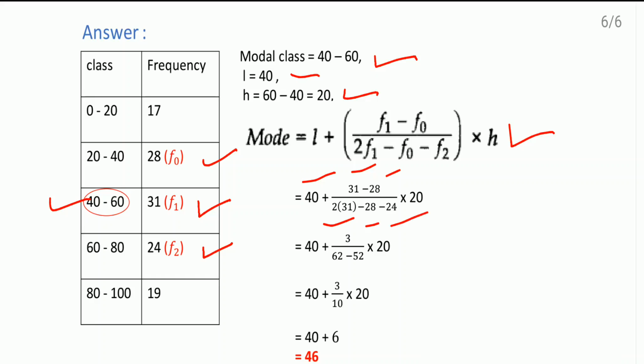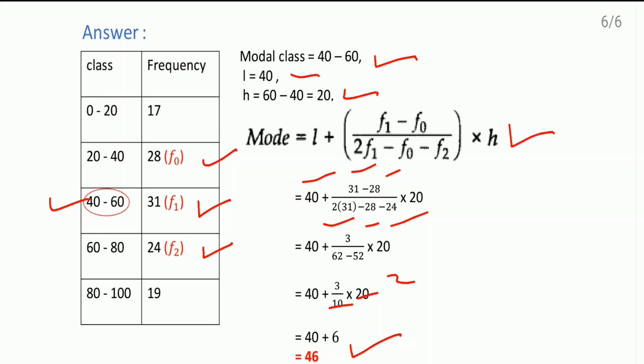So here 40 plus 3 by (62 minus 52), since 28 and 24 make 52, into 20. So 3 by 10 into 20. Here 10 ones are 10, 10 twos are 20, 3 twos are 6. So 40 plus 6 is 46. So the mode of the data is 46, which is very simple.